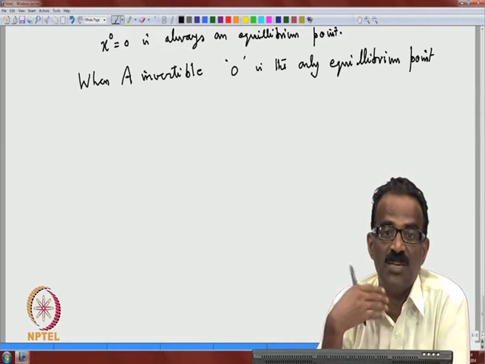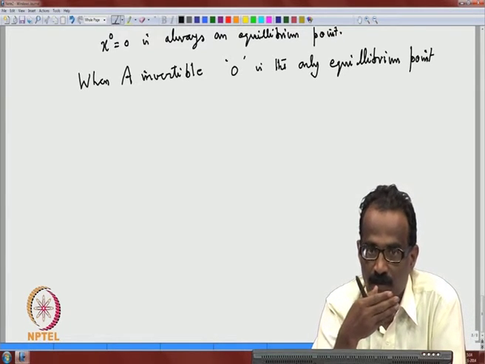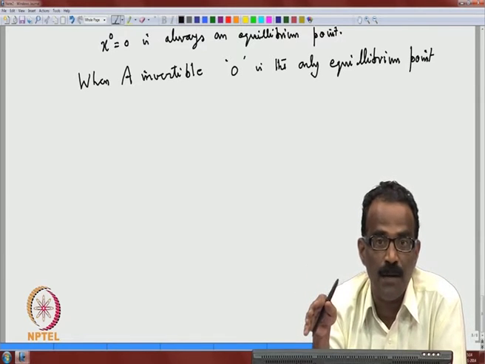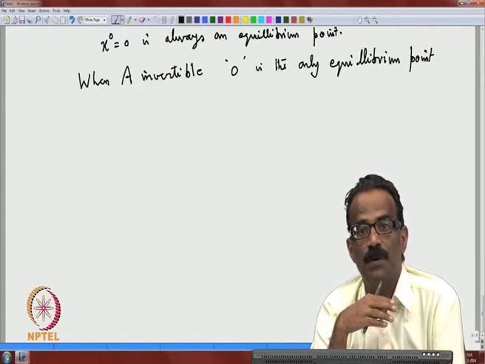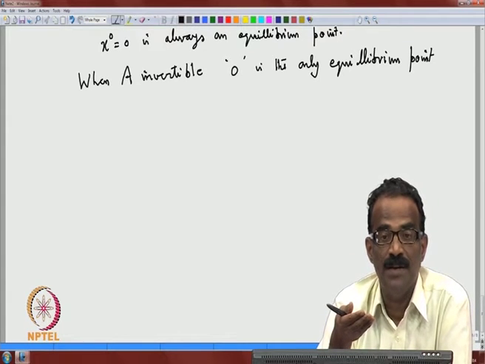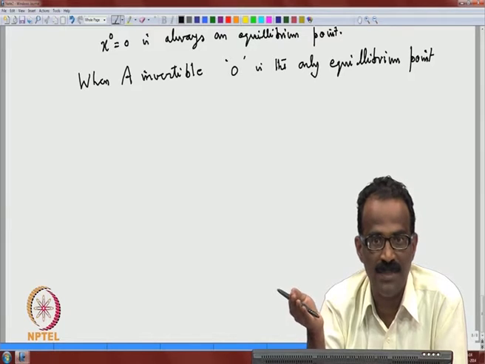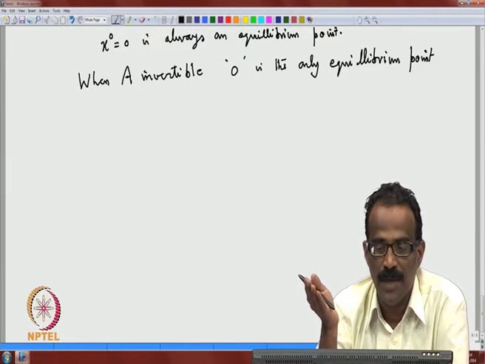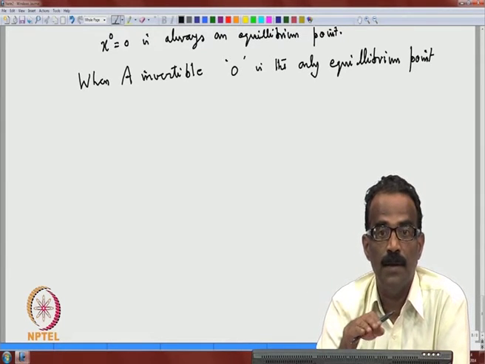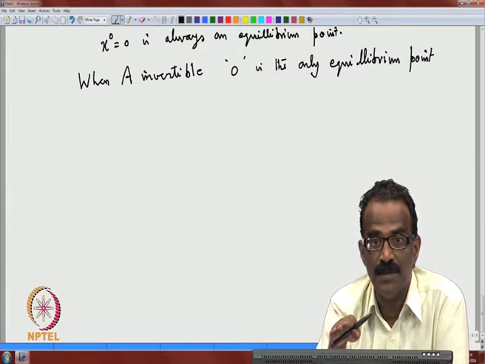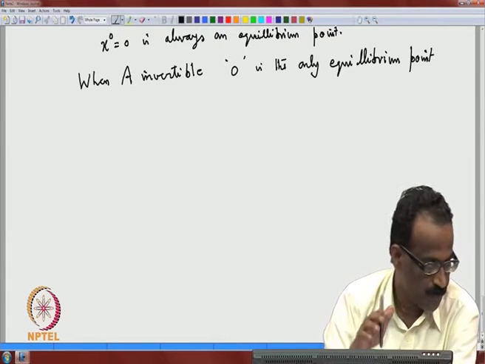Especially when x(t) is a vector, it will have different components. Certain components will go to the origin, certain components will have stability, certain components will not have stability, and all that can happen. That is what we are going to see in the qualitative analysis.